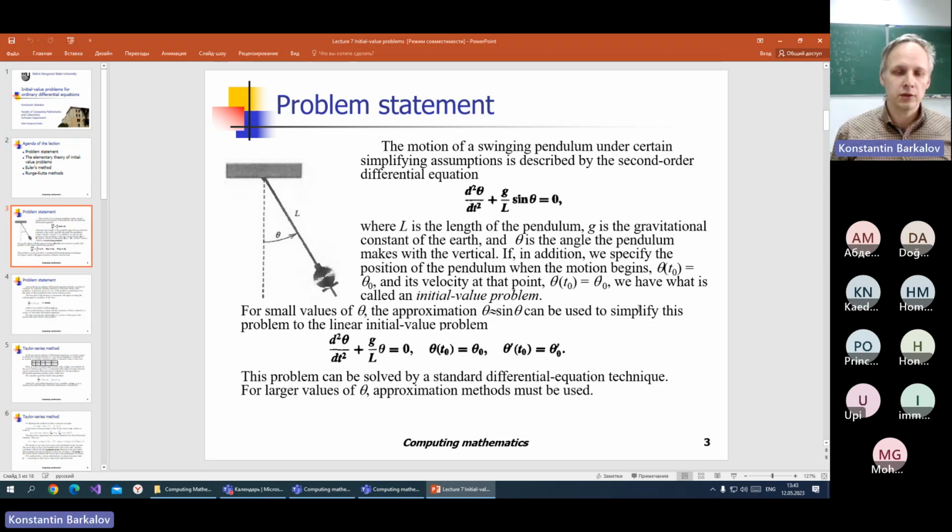For small values of the angle theta, we can use an approximation: theta approximately equals sine of theta. This is true for small values of theta. After that, this equation can be written in a simple form: d2 theta over dt square plus g over L theta equals 0.